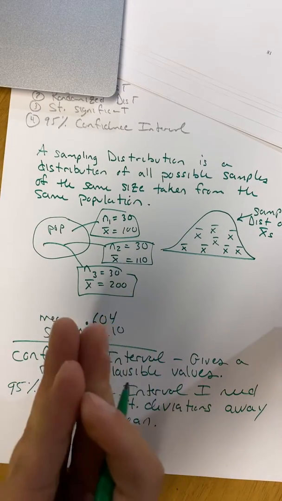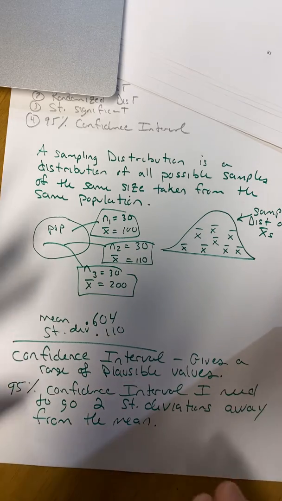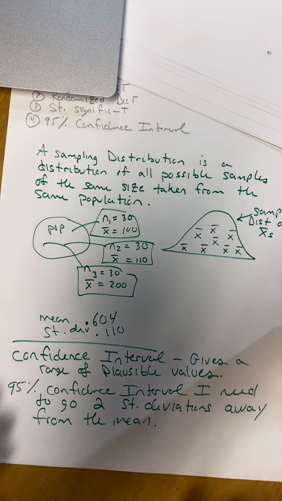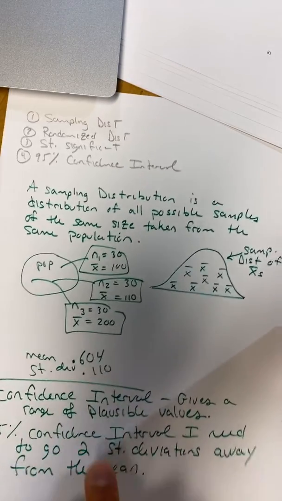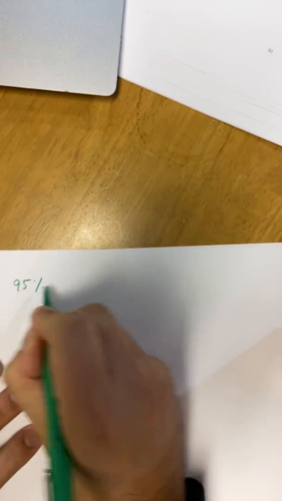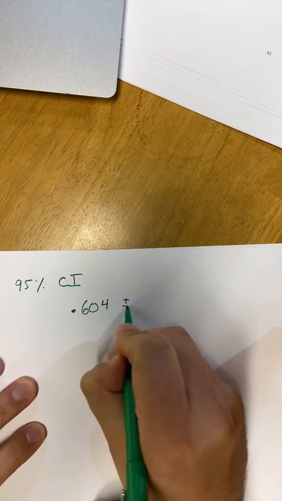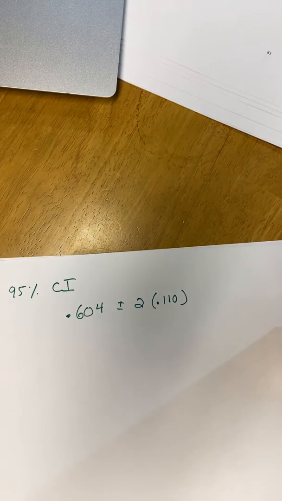If I wanted to go 3 standard deviations away, it would almost be a 98% confidence interval, but they only do 95 in this course. So here's how you do it. Using these values, if I wanted a 95% confidence interval, I'm going to do the mean plus or minus 2 times the standard deviation.